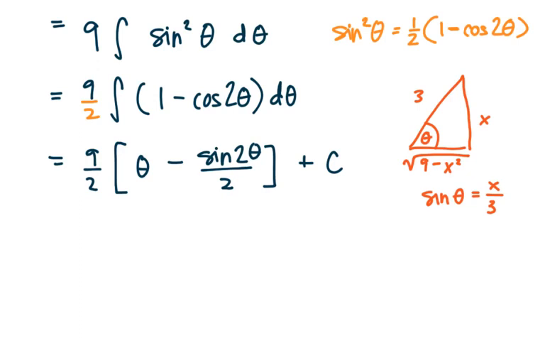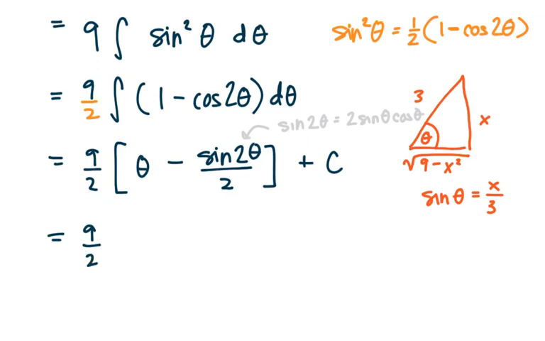Now, I don't know what sine of 2 theta is, so I need to use an identity to reduce that sine of 2 theta out. One identity that I can use is a double angle identity. Sine of 2 theta is 2 sine theta cosine theta.